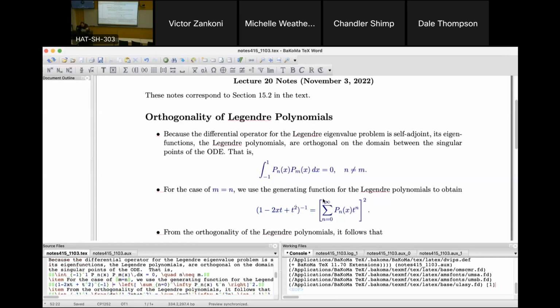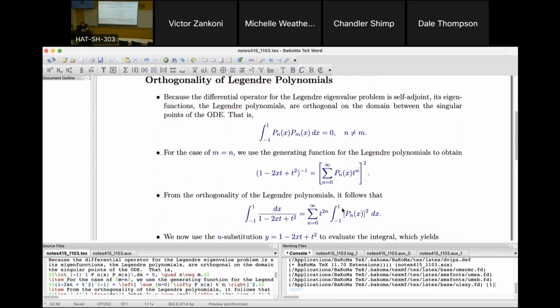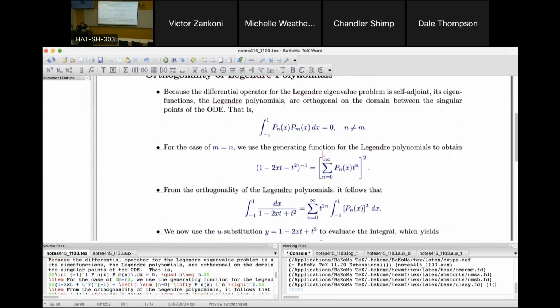And because the generating function is going to be equal to this summation here, a power series in t, I'm going ahead and squaring that. So now what I can do is, if I were to carry out the multiplication of this power series, I have a double summation of m and n going from 0 to infinity. In fact, I'll just go ahead and write out what that looks like.